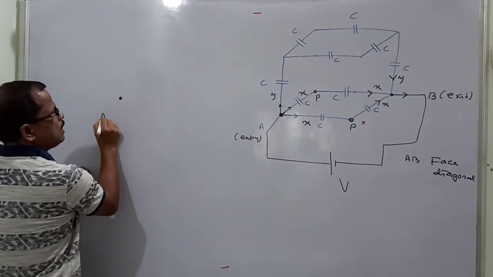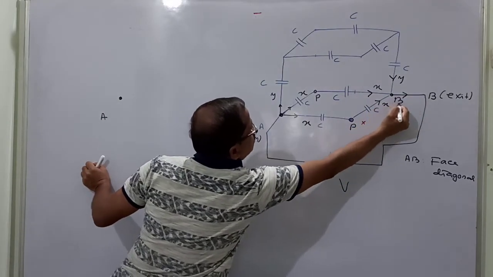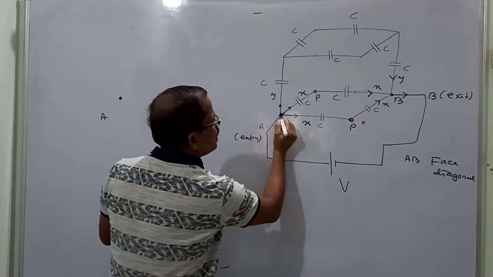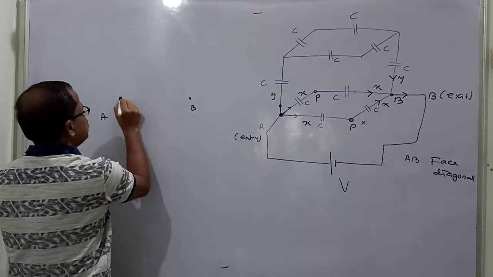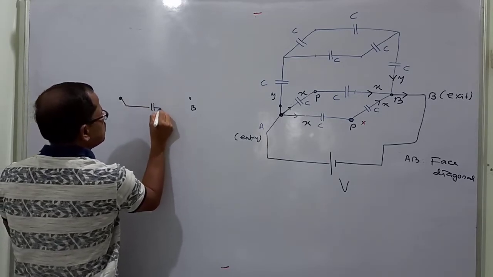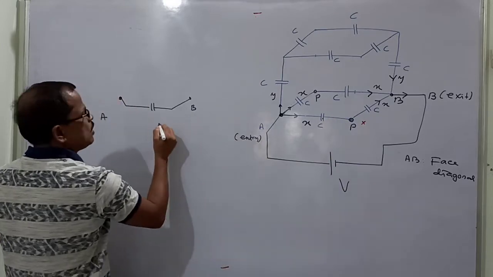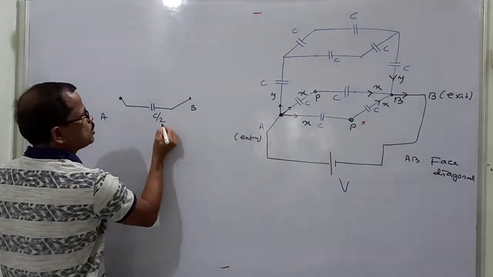This is the point A, and this is the point B. From A to B there are capacitors C and C. Now come to this point, there is a capacitor C, then it comes to the point B, so again C and C. Now this C and this C combined come to C by 2, because they are in series.